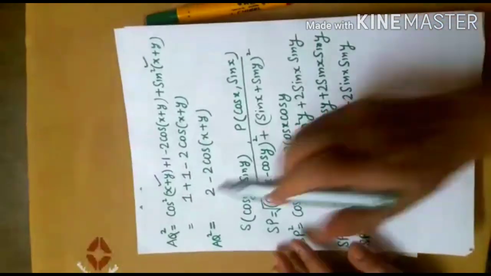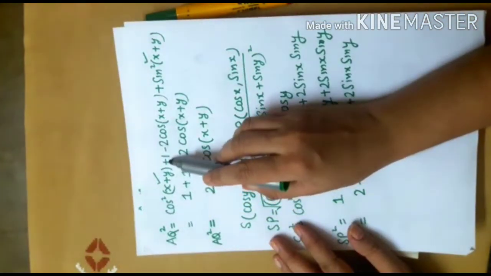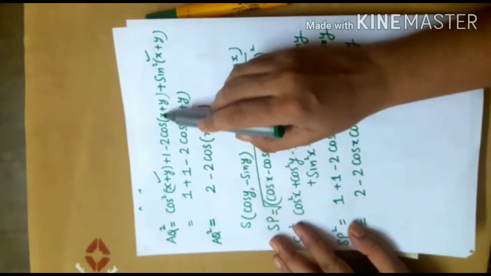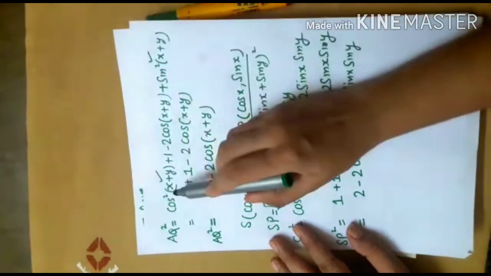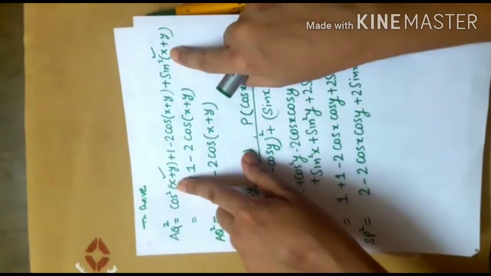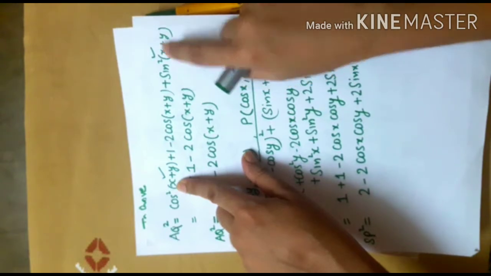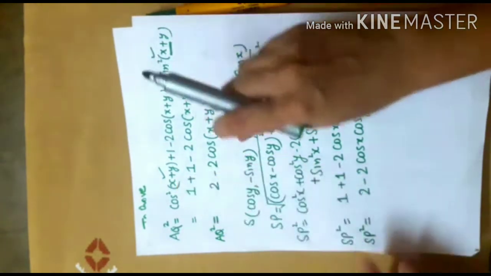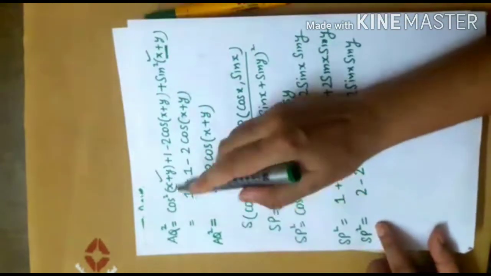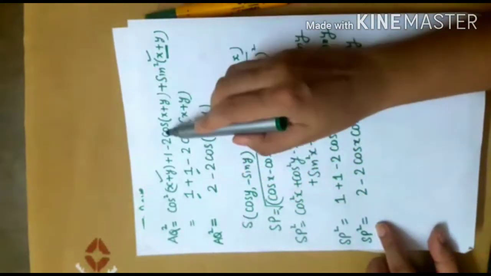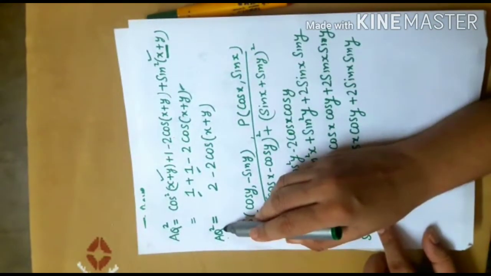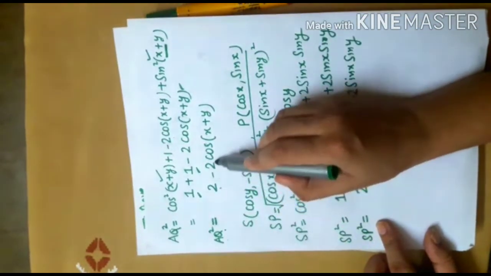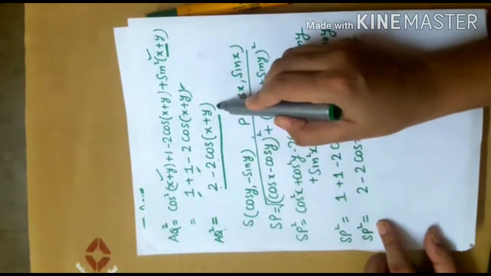So I'll get cos squared(x+y) plus 1 minus 2 cos(x+y) plus sin squared(x+y). Now when I combine these two, sin squared theta plus cos squared theta is 1, and the role of theta is being played by x plus y. So this plus this will give you 1, this 1 as it is, and minus 2 cos(x+y). So I'll get AQ squared is equal to 2 minus 2 cos(x+y).